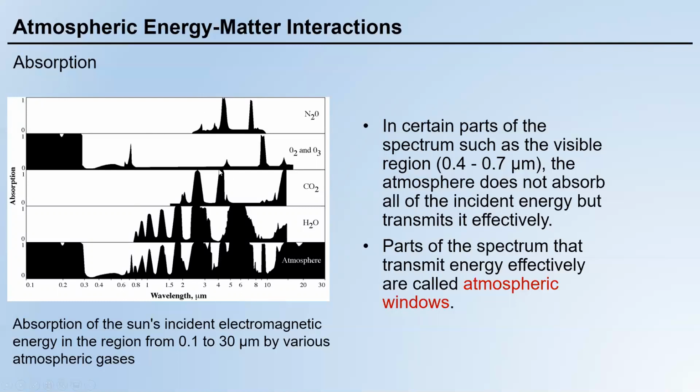They have different preferences on absorbing EMR. For example, CO2 does not absorb any EMR with wavelengths shorter than this specific value. It's around 1.5 micrometers. So CO2 is actually very friendly to visible light.